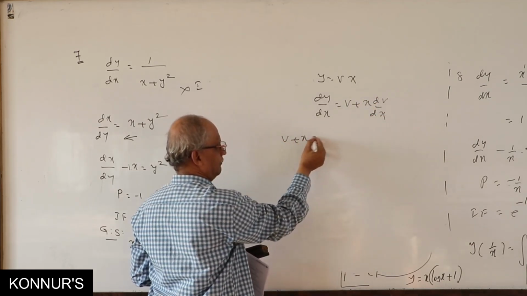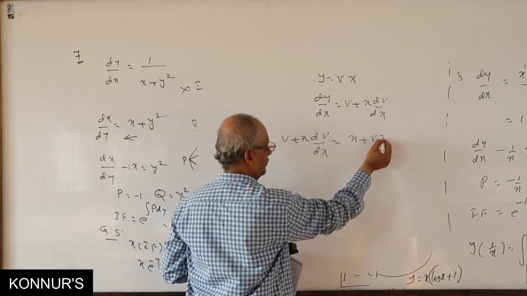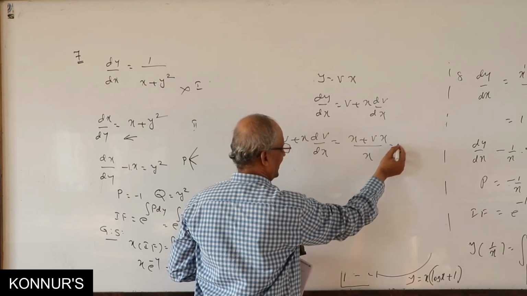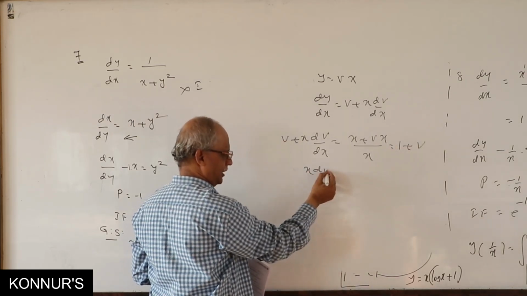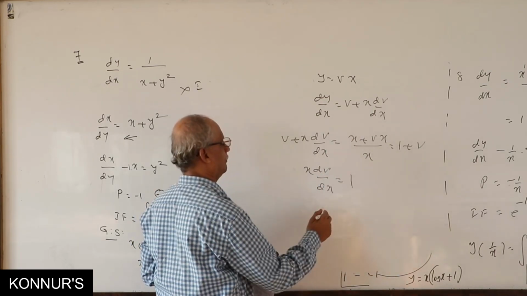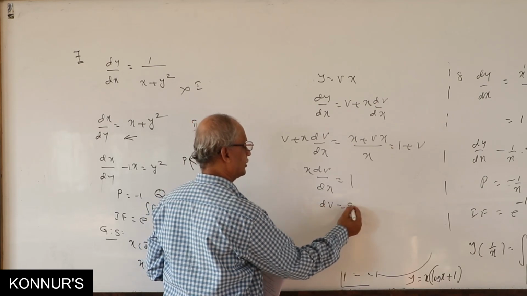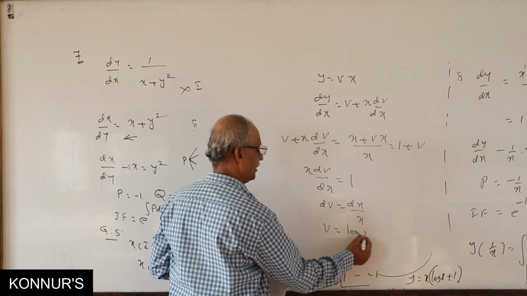LHS v plus x dv by dx is equal to RHS, substitute y value, x cancels, 1 plus v cancels, x dv by dx equal to 1, separating variables. Now dv equal to dx by x, integrating both sides, integral 1 by x.